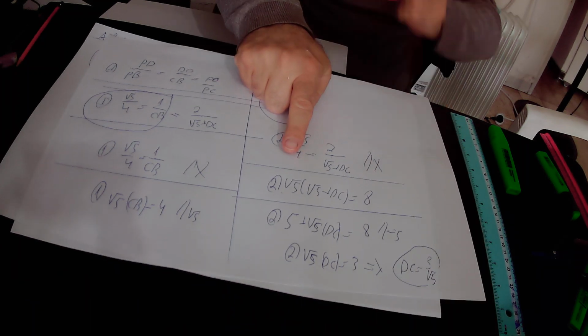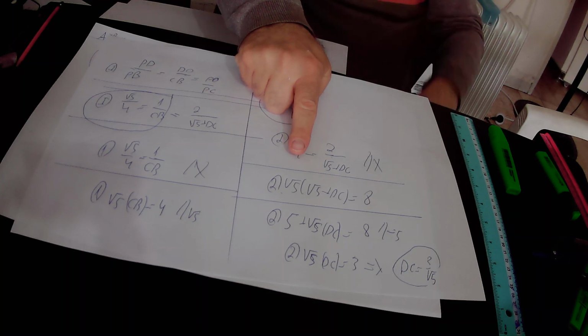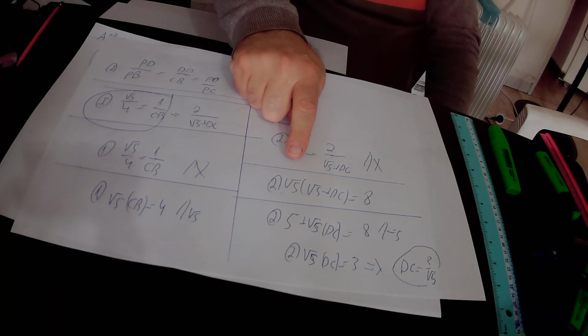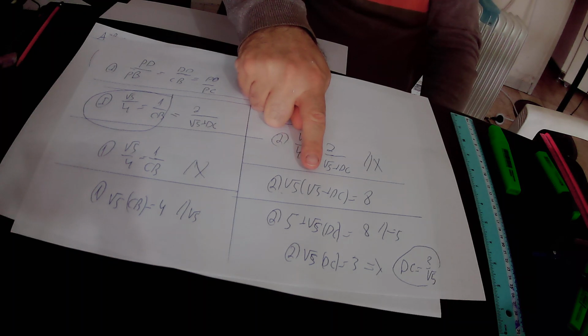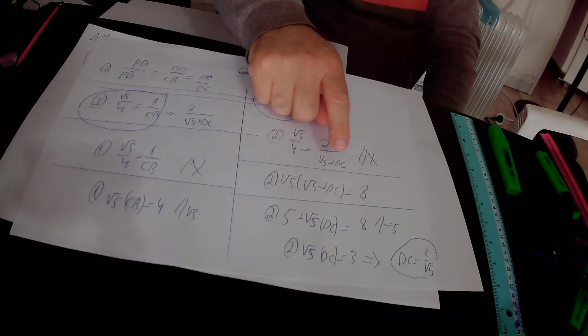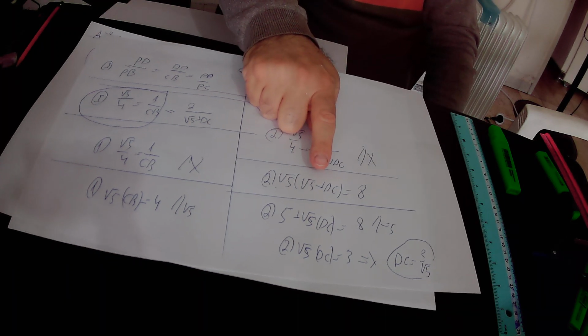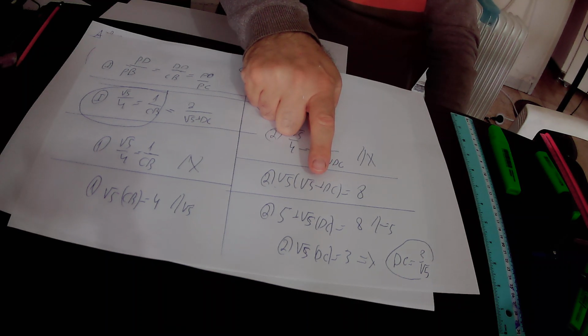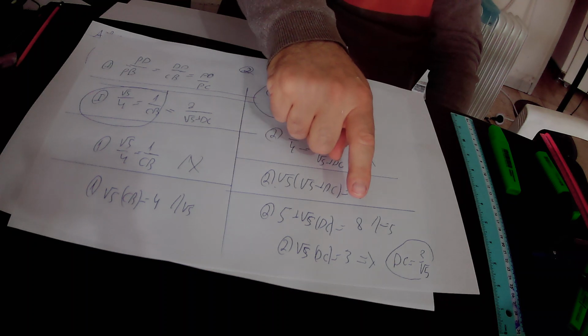Here we open the brackets on this side of equation 2 and find that square root of 5 times square root of 5 is 5, and square root of 5 times DC, and it equals 8. Here we subtract 5 from this equation 2 and find that square root of 5 times DC equals 8 minus 5, that is 3.